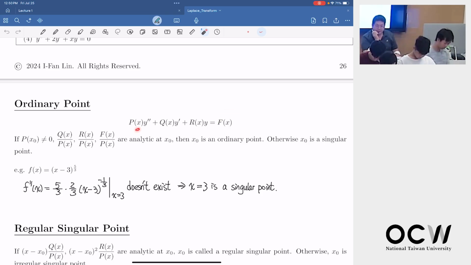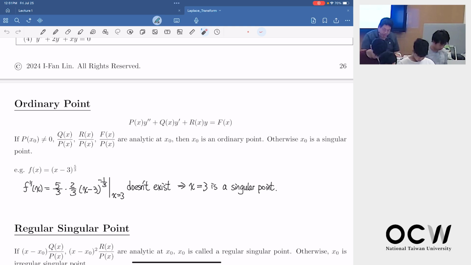Now suppose p of x naught is not 0. If I plug in x naught, this is not 0. And then if I divide by p of x, q over p, r over p, and also f over p, if those terms are analytic at x naught, then we say x naught is an ordinary point. Otherwise, we say x naught is a singular point.